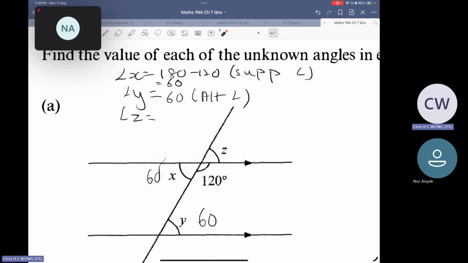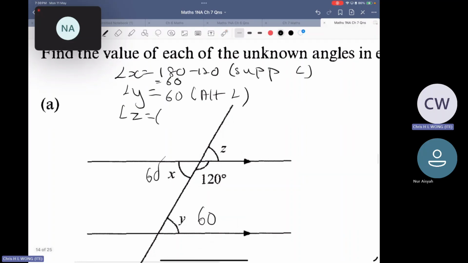I'll use vertically opposite angle to say angle x equals 60. Either one, just make sure you apply a reason.